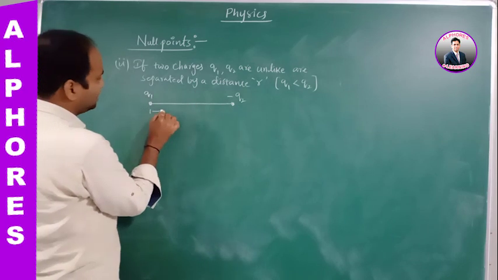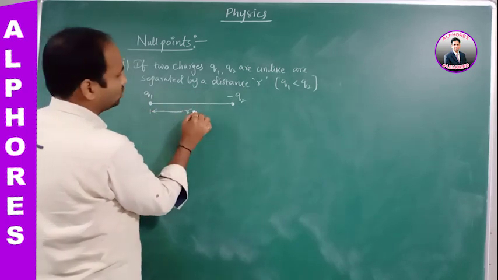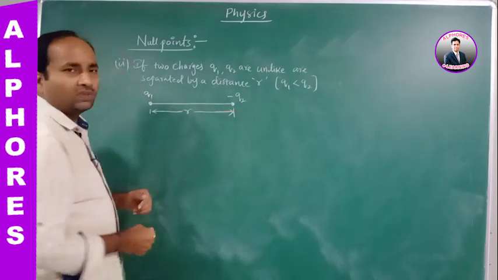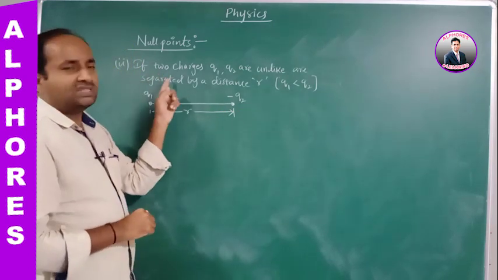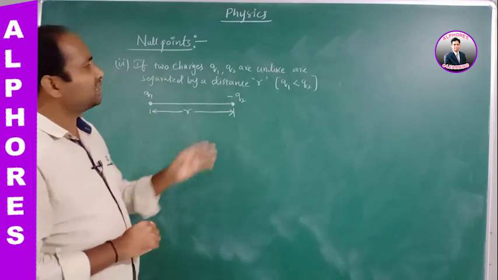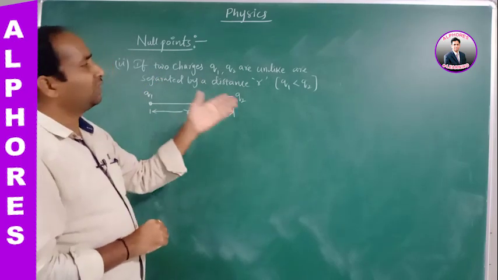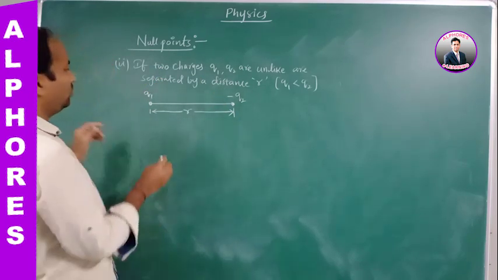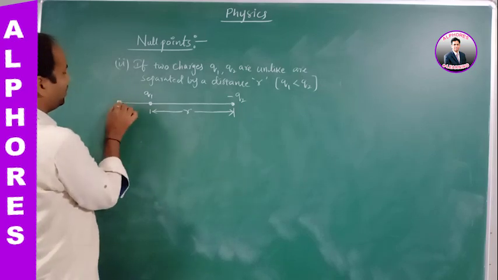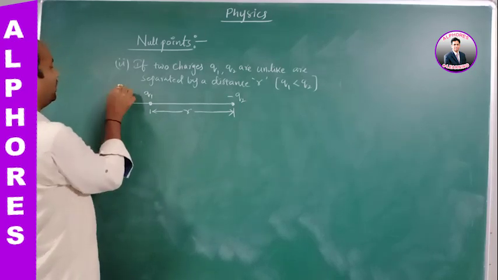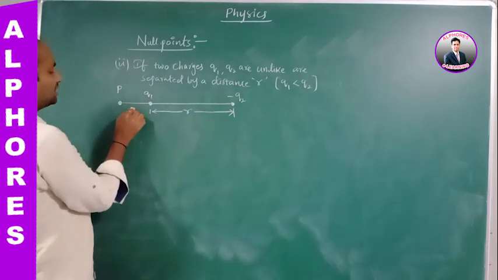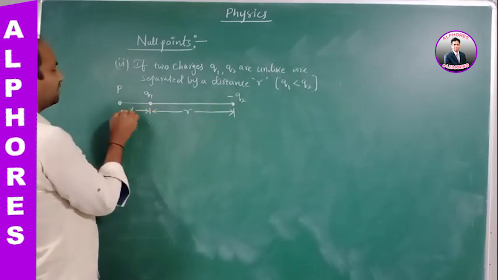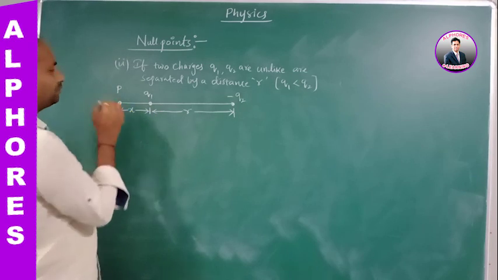What is the distance here? The distance between the two charges is r. And already we said that when two charges are unlike, the null point is obtained outside the system. So let us consider the null point is obtained at a point P outside the system of q1 and q2, at a distance of x from the q1 charge.